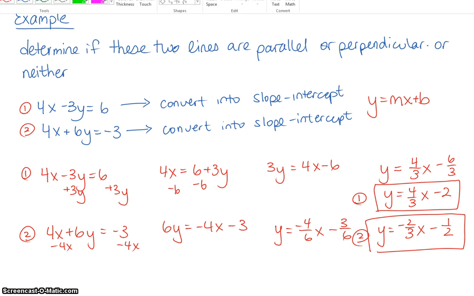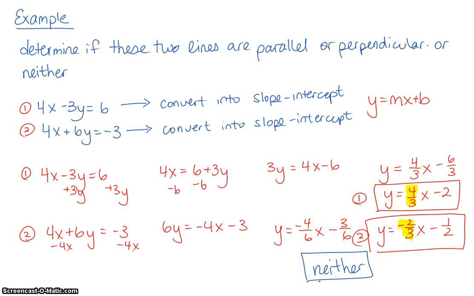The next thing I want to look at to see whether or not they're parallel or perpendicular are their slopes, because that ultimately is what counts. So, looking at these two things, yes, one is negative, one is positive, but they are not negative reciprocals of each other. So, as a result, we're looking at neither in this case.